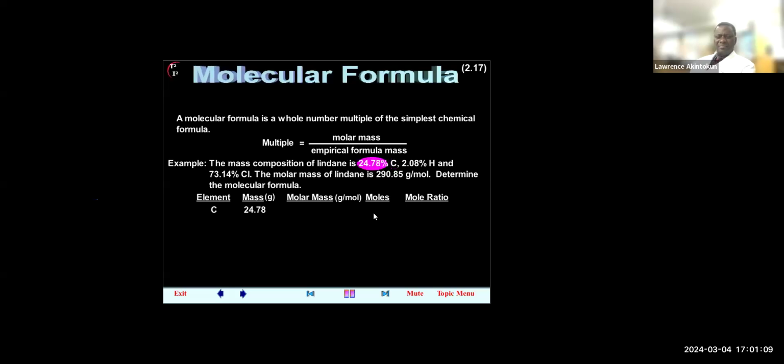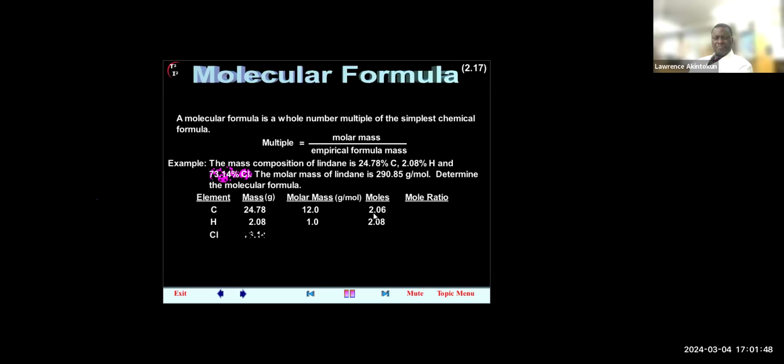Element C, mass 24.78, molar mass 12.0, moles 24.78 divided by 12.0 is equal to 2.06. Element H, mass 2.08, molar mass 1.0, moles 2.08 divided by 1.0 is equal to 2.08.